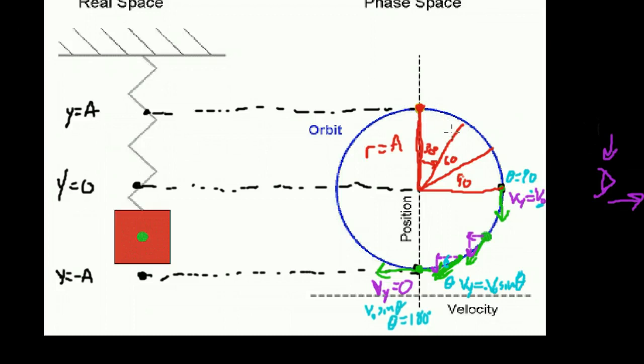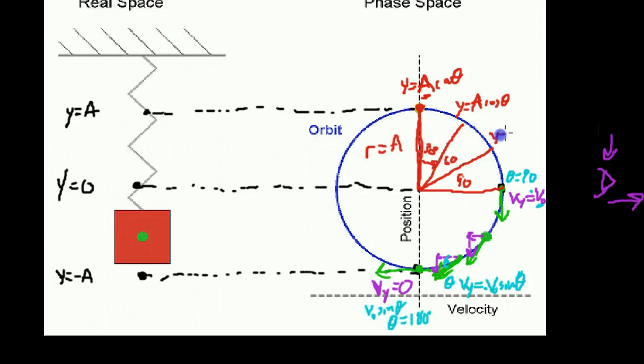And what I want to do is define the position at each of these points. This would correspond to y equals a. This would correspond to y equals something not quite a, but actually a times the cosine of theta. Because if I have a times the cosine of 0, I would just get a.